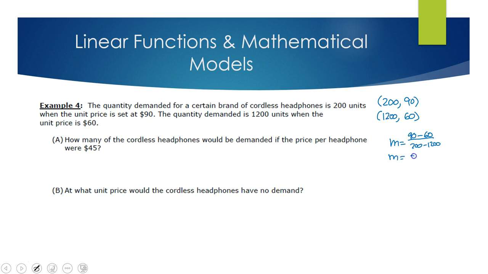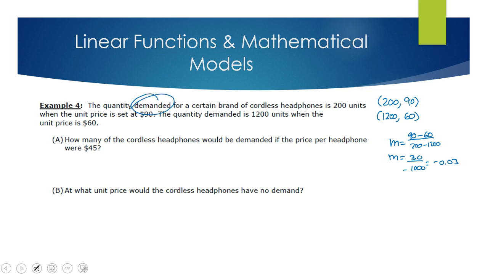So that slope is going to be 30 over negative 1,000, which equals a negative 0.03.